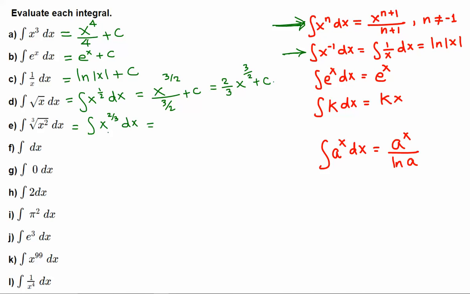Now this is like x^n dx, so using the power rule we get x raised to n plus 1, so 2/3 plus 1, that's 5/3, and the same thing on the bottom, plus C. Now we can simplify: dividing by 5/3 is the same as multiplying by 3/5, so 3/5 x^(5/3) plus C.